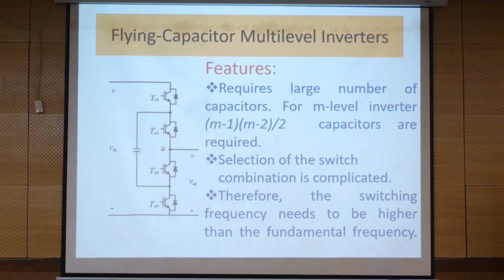For an M level inverter, M minus 1 capacitors are required, where M is the number of levels. Selection of switch combination is very complicated, and the switching frequency needs to be higher than the fundamental frequency. This is the generic structure that I provided.